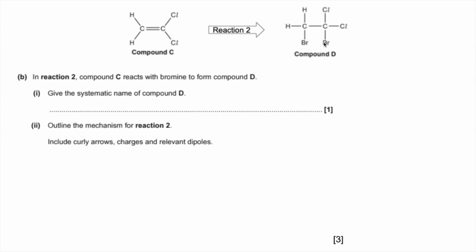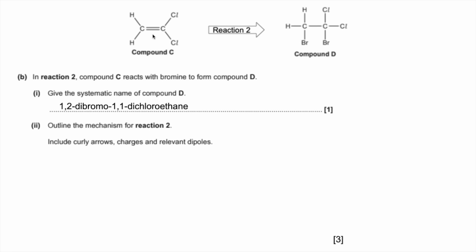So we've got bromine, so this is a 1,2-dibromo, 1,1-dichloroethane. So 1,2-dibromo, 1,1-dichloroethane.